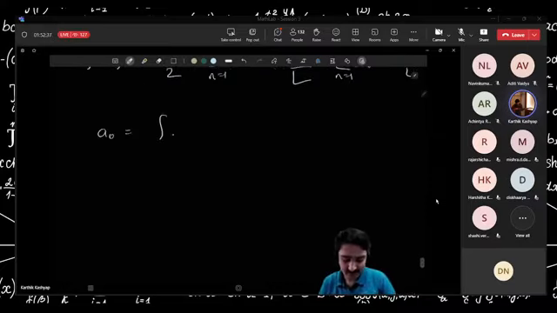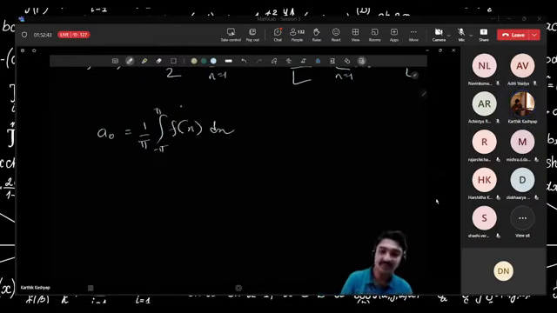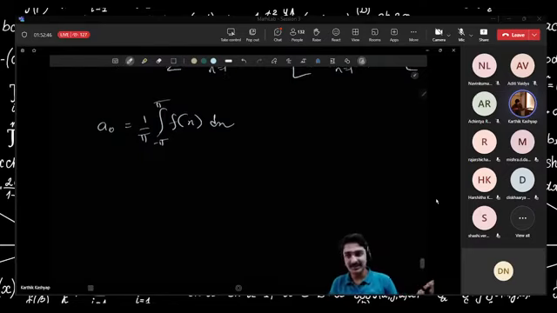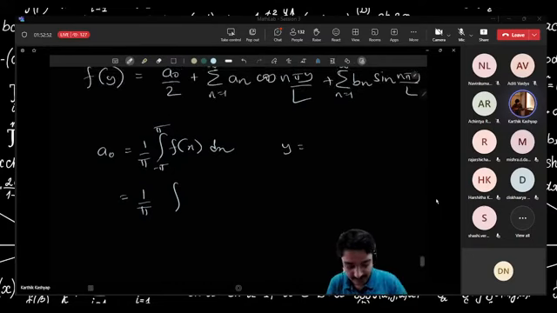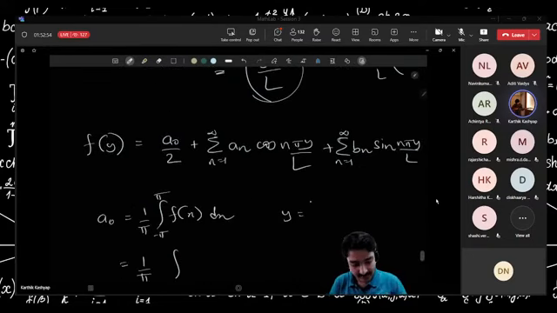A0 is 1 by pi times the integral of f of x dx, right? From minus pi to pi. So again, we just have to replace x by y. So 1 by pi times the integral, the limits change again. y is equal to Lx by pi, right?